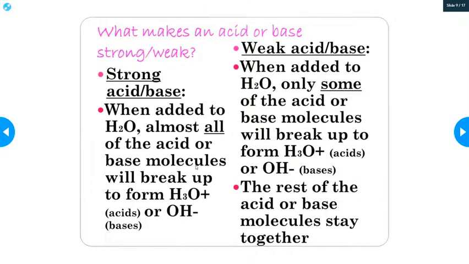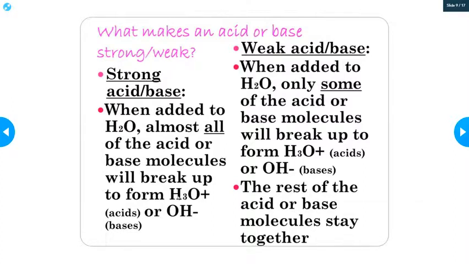We said acids form hydronium ions. So when we have a strong acid, that means we're going to have a lot of hydronium ions. That means that HCl or HNO3 or any of our examples of acids, all those H's are going to leave the chlorine, leave the nitrate, leave the sulfate, and form H3O+.